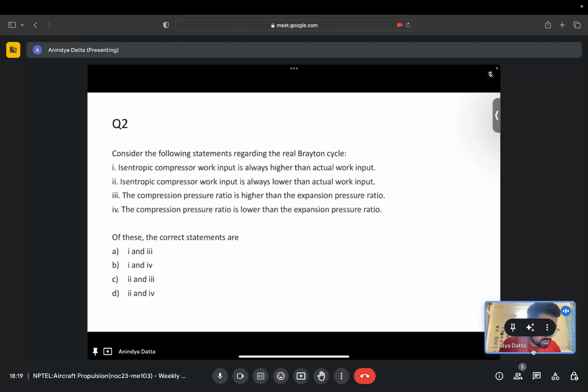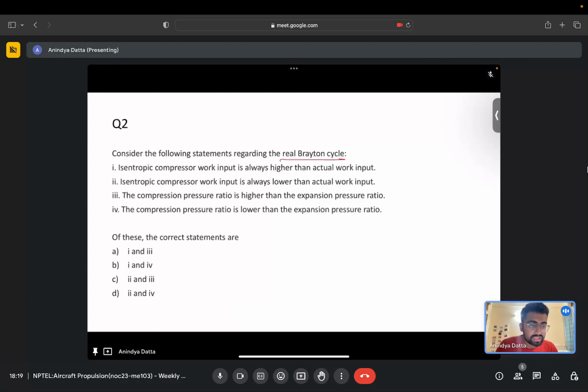Okay, so question number 2. It says, consider the following four statements regarding the real Brayton cycle. We have seen that the real Brayton cycle requires us to relax many of the assumptions we make while solving the ideal Brayton cycle: our expansion and compression processes will be non-isentropic.